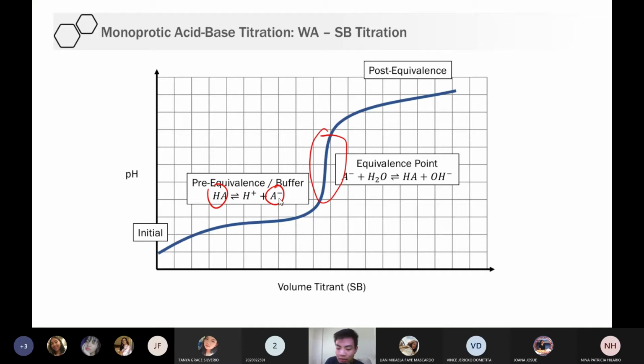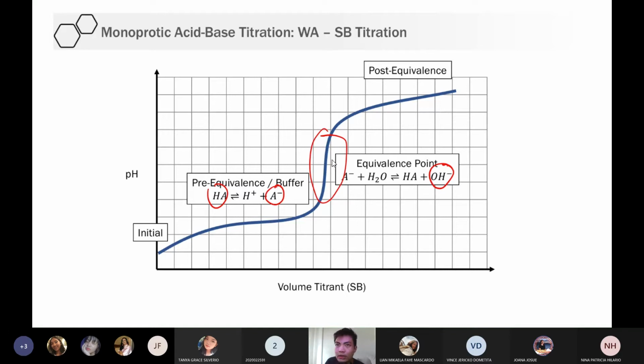Lahat ng acid na convert na to A minus, and the A minus or the conjugate base reacts with water to produce the base. Kaya CBKB equation natin dito, square root of CBKB. And post-equivalence, the excess base will determine the pH of the solution. Kung gaano kasobra yung base, yun yung pH ng solution.